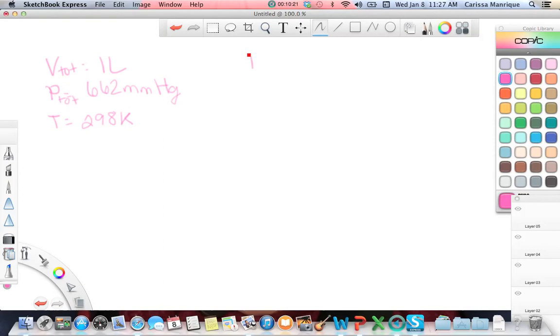So the pressure of helium is 341 millimeters of mercury, and the pressure of neon was 112.